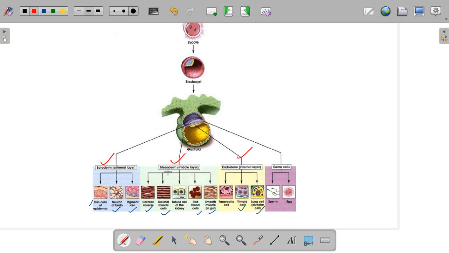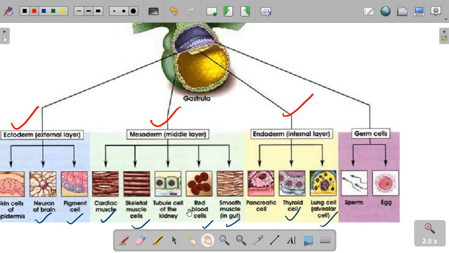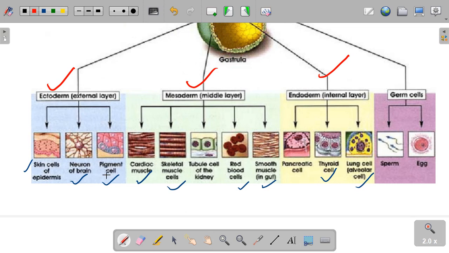Ectoderm further differentiates into skin cells, nerves and pigment cells. In the same way, mesoderm can form the heart, skeletal muscles, kidney parts, RBCs and smooth muscle cells in the stomach. All of them are derived from the mesodermal layer.